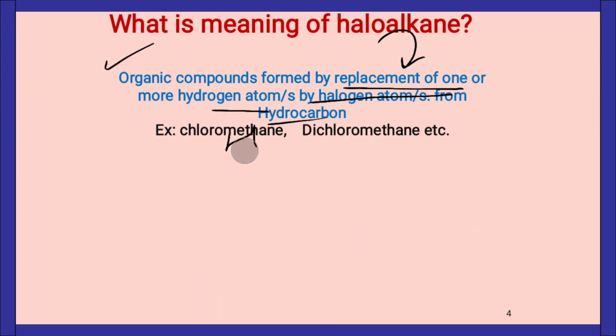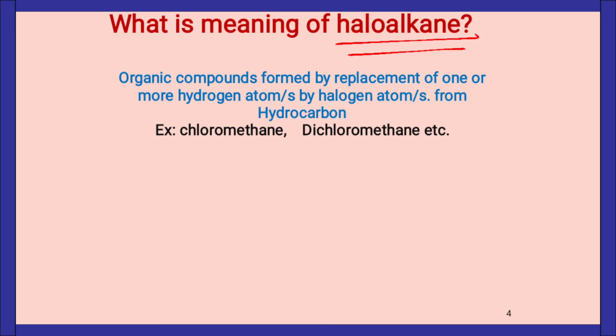Similarly, if you replace two hydrogens, this would be dichloromethane. So these could be the examples you can understand. Hope you got the idea of the meaning of haloalkane.